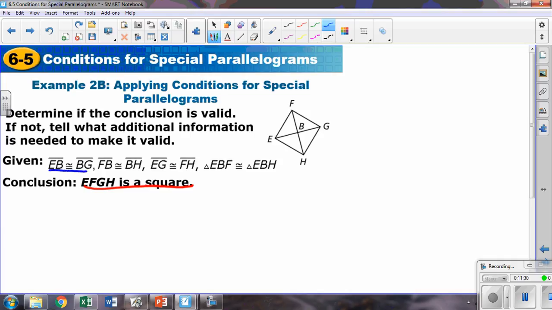EB congruent to BG. EB and BG are the same. FB congruent to BH.